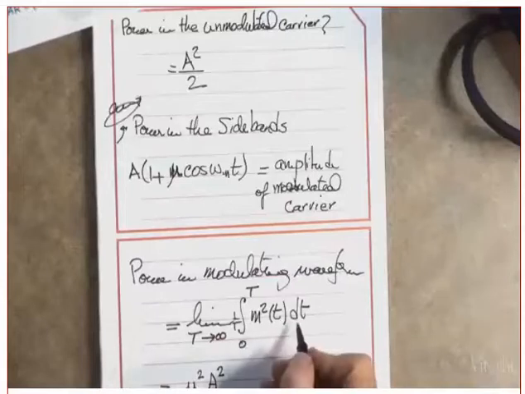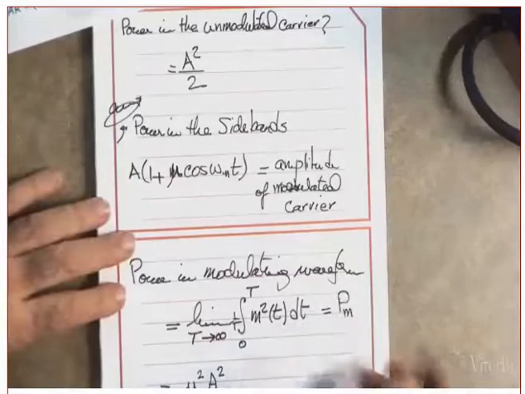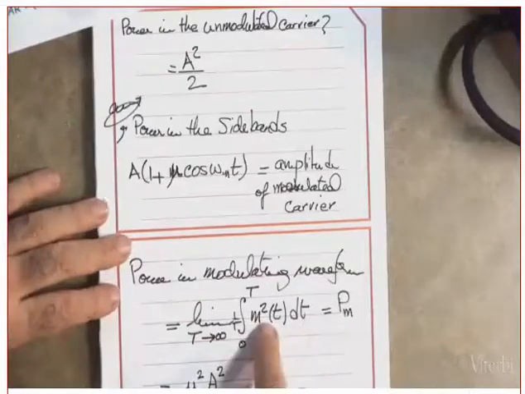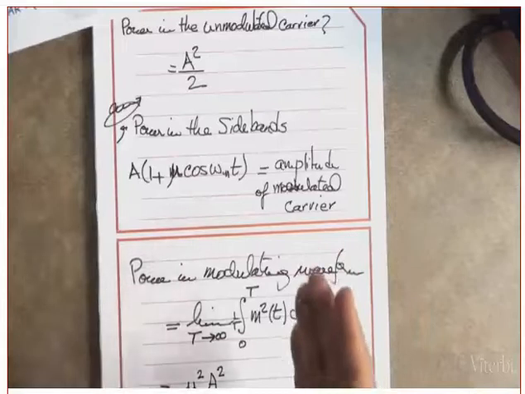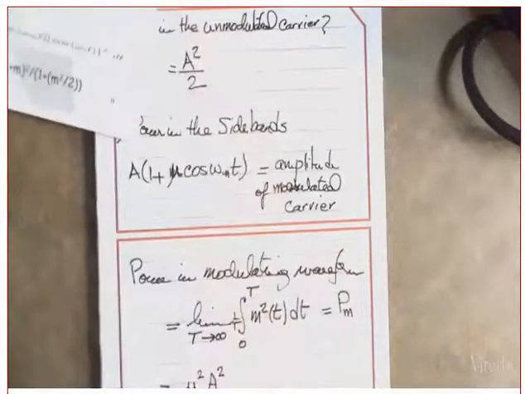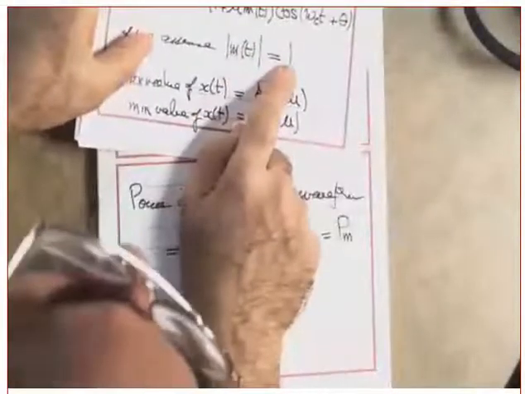Okay. The power in the modulating signal, if it is m of t, is this. It's called, for example, P sub m. But I'm assuming that m of t is bounded by 1. Did I mention this somewhere or not? Yes?